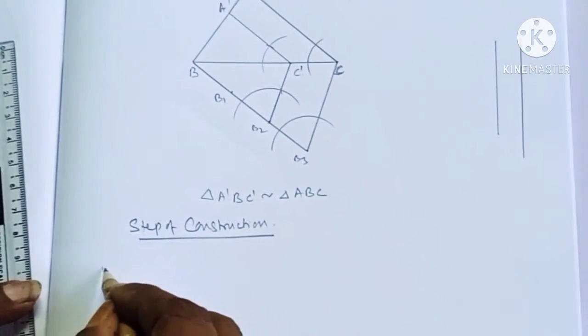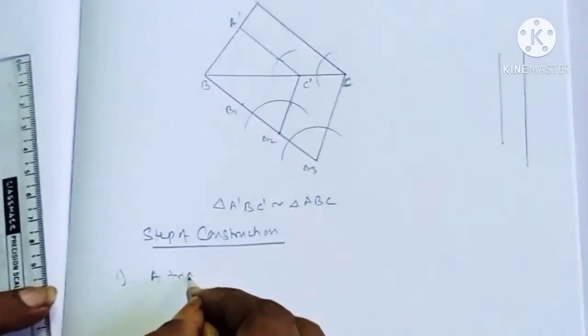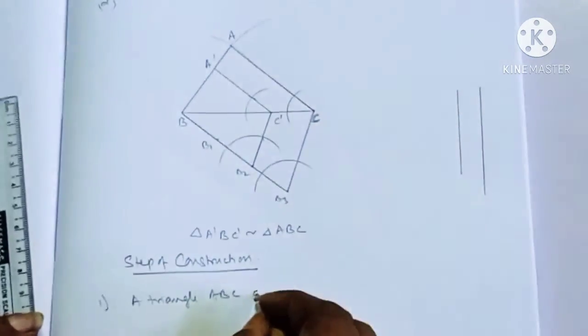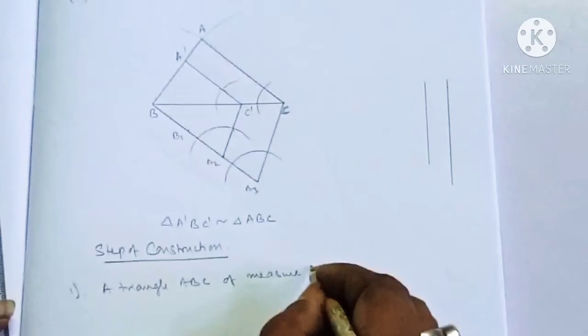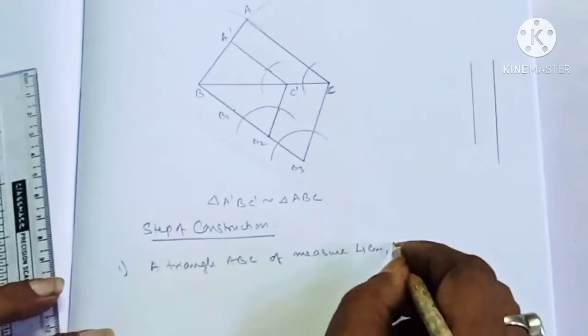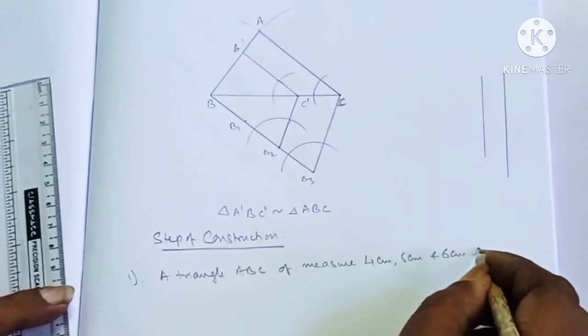First, a triangle ABC of measure 4 centimeter, 5 centimeter and 6 centimeter is drawn.